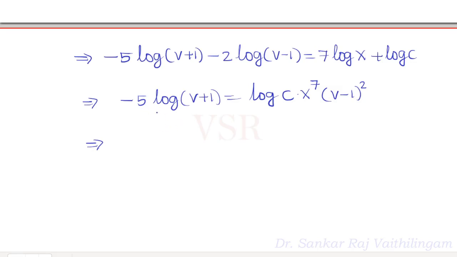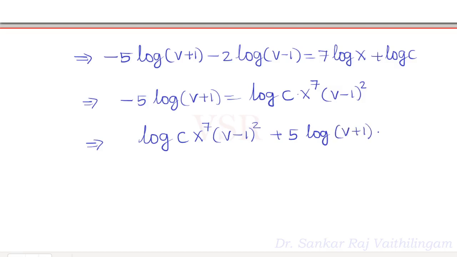what I can say, இது எப்படி solve பண்றது, ஒன்றும் இல்லை, minus 5-ல இருக்கு. அப்போ இதையே அங்கே கொண்டு போயிருங்க. அப்போ என்ன கிடைக்கும் அப்படின்னா log of c x to the power 7 into v minus 1 the whole square plus log of 5. அப்போ இது அங்கே போய்க்கலாமா, plus 5 times log of v plus 1 which is equal to 0.